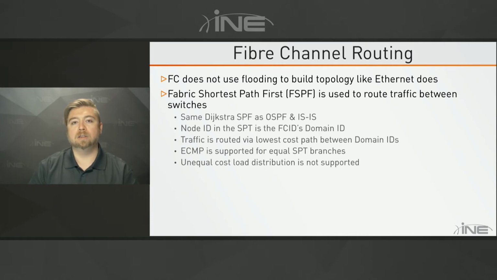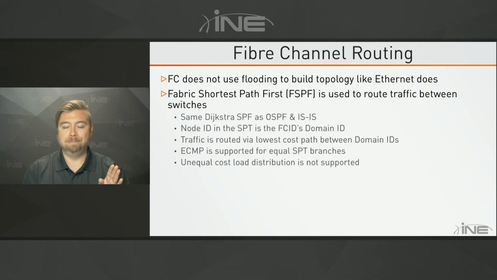The reason that we have two SAN fabrics, A fabric versus B fabric, is because of FSPF. Just like OSPF, just like IS-IS, I make my routing decision and I'm deciding that I'm going to switch 1, 2, 3, 4 in order to get to destination X. Switch number 3 goes down. I have to wait some time to detect that. So there's going to be a convergence delay to figure out that there was a failure.